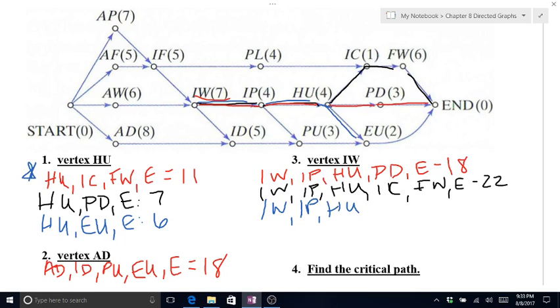Instead of going to PD, I can go down and go to EU to the end. It's 2, 6, 10, 17.